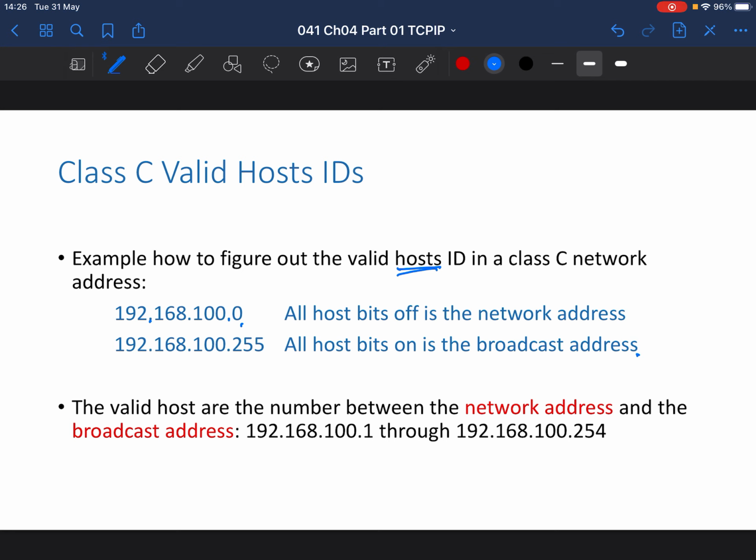The valid hosts are the numbers between the network address and the broadcast address. So between 192.168.100.1 through 192.168.100.254.